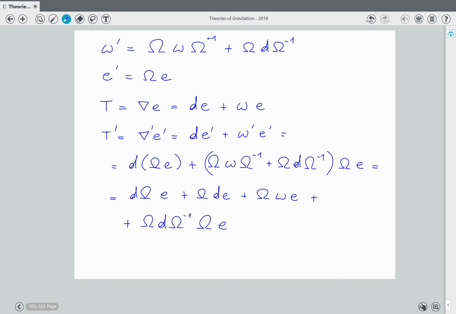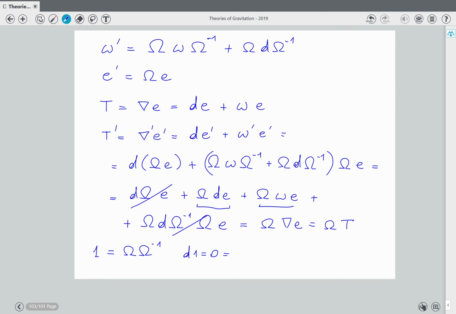Now, let's check these two terms first. These two terms can be written as omega times the torsion, and the other two cancel out. Why? Because you have to remember that 1 is equal to omega omega to the minus 1, and so d1 is 0.